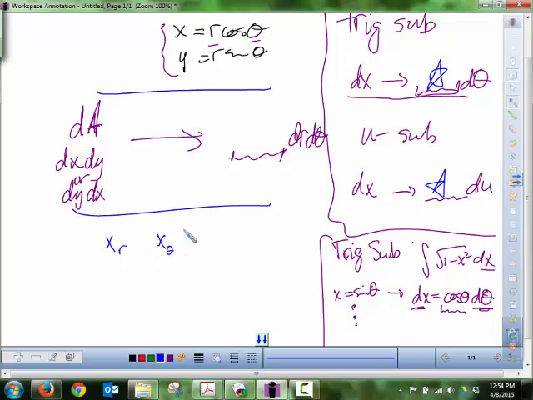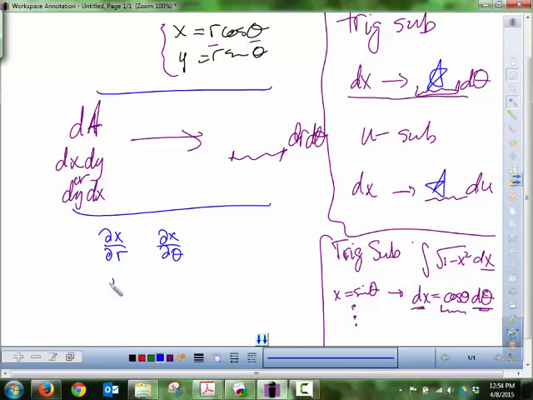And this is one of the notations. I suppose maybe I'll use the other notation. That requires more writing strokes, but I think it's a little clearer. So x is a function of r and theta, so I can have the derivative of x with respect to theta and the derivative of x with respect to r.